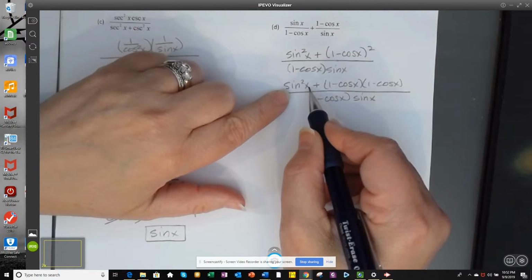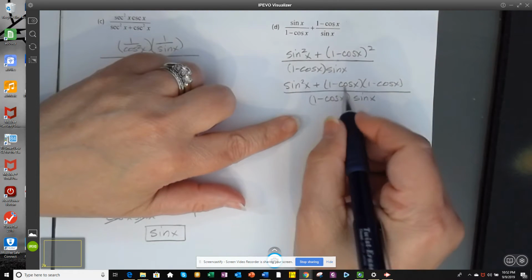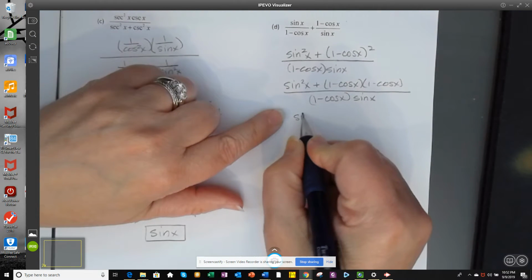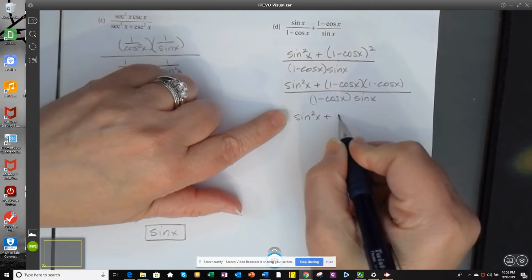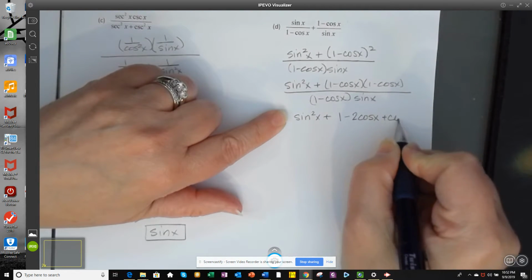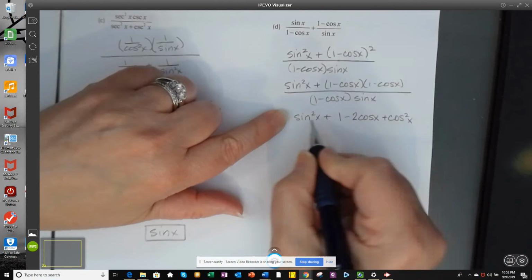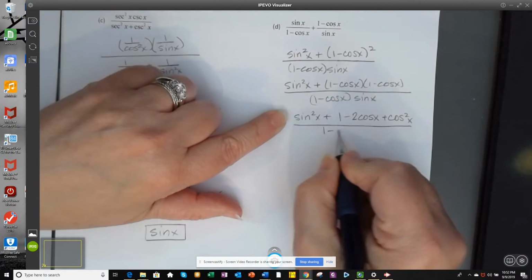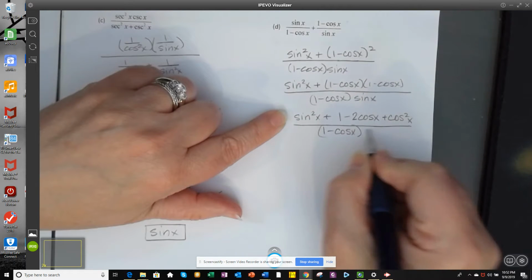They're not just pure factors. So I have to do some work up here. So let's see what we got. We got sine squared x plus 1 minus 2 cosine x, if I were to multiply this out, plus cosine squared x all over 1 minus cosine x times sine x.